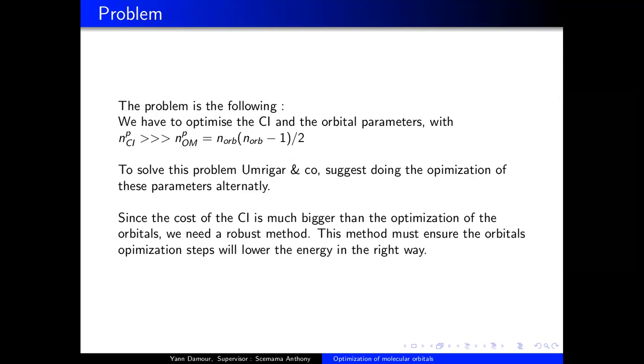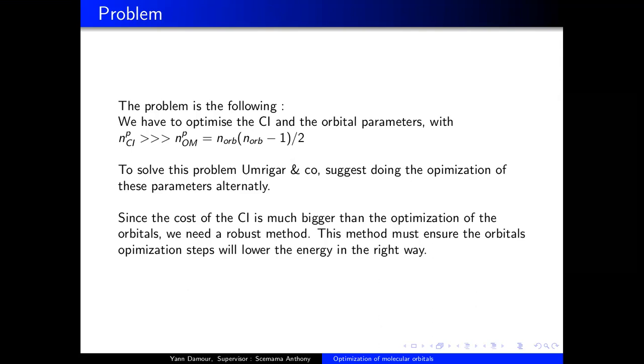But in our case, if we are at 10 million determinants, and we compute the new orbitals with the rotation matrix, if the energy at 20 million determinants is not as good as the energy at 10 million determinants, we lose a lot of time.